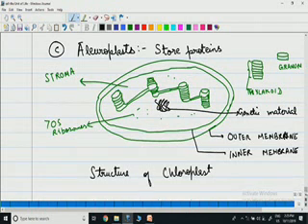You can write the same things about it, just as you write about mitochondria. I can see some people are writing very, very little.